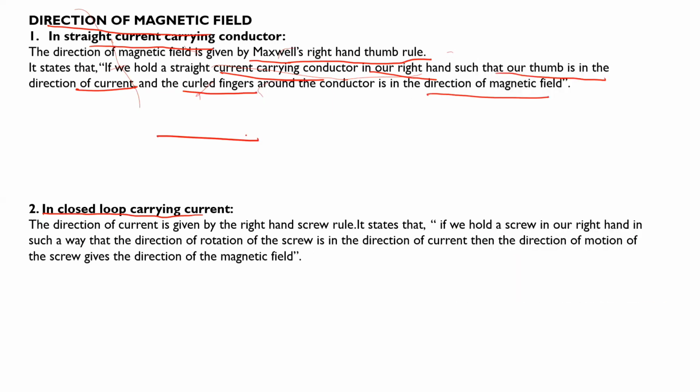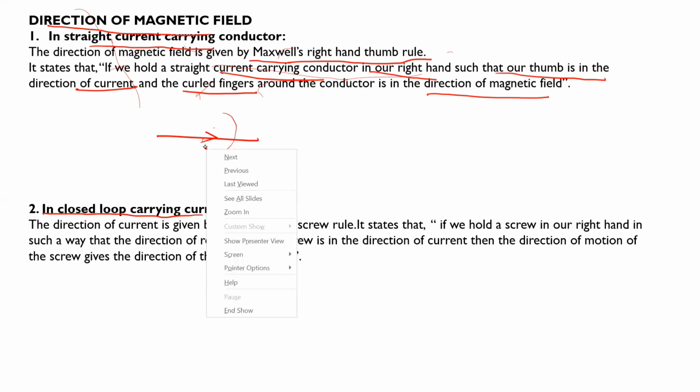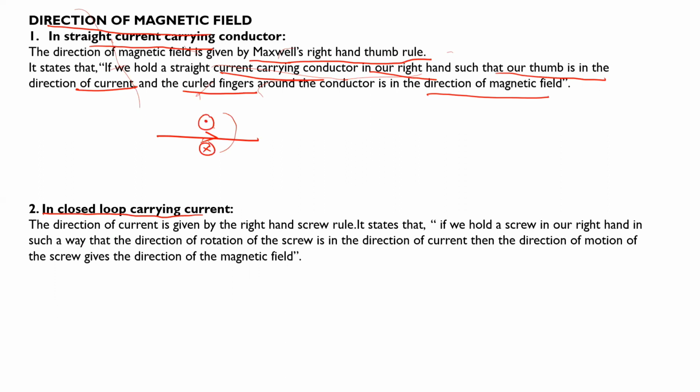Suppose this is a conductor and the direction of current is here. If you hold this with your right hand, you will see your curled fingers will be going this way. You can just see this side the magnetic field is inward, this side it will be outward. Check your hand, point your thumb in this direction.